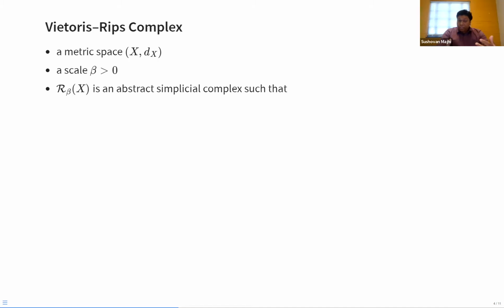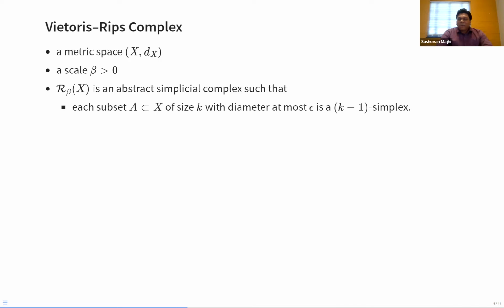So this Vietoris complex is going to be an abstract simplicial complex, a combinatorial complex, so that for each finite subset A from X, if the diameter of the set, the supremum of all possible pairwise distances, that's the diameter, is at most beta, then we throw a simplex in our Vietoris complex of dimension k-1.